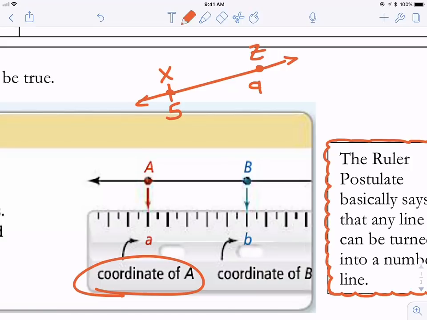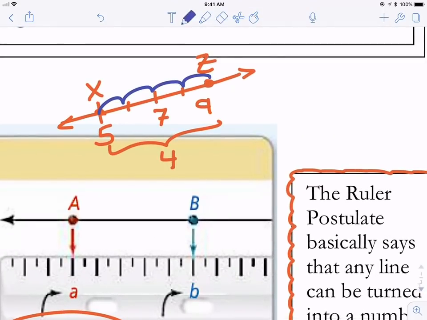Okay, so you're used to saying how long is segment XZ? So from 5 to 9 is 4, or you could count 1, 2, 3, 4 units. Now, other than counting, how can you find the length of that? Well, notice that 9 minus 5 is 4. Right? 9 minus 5 is 4.